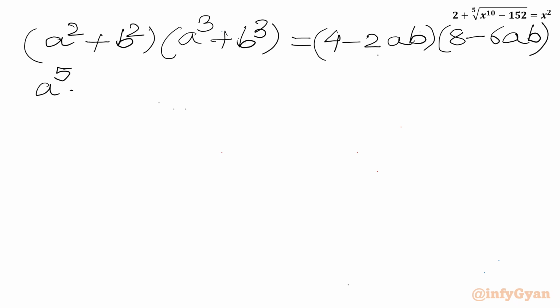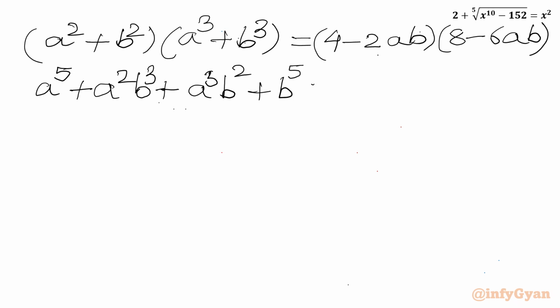A square times b cube, we will write a square b cube. B square times a cube, we will write a cube b square. B square times b cube, b power 5. In RHS, 4 times 8 is 32. Minus 24ab minus 16ab, minus 40ab. Minus 2ab times minus 6ab, we will write plus 12a square b square.